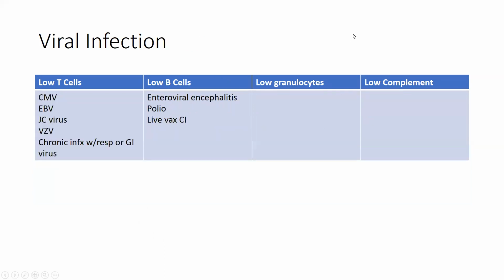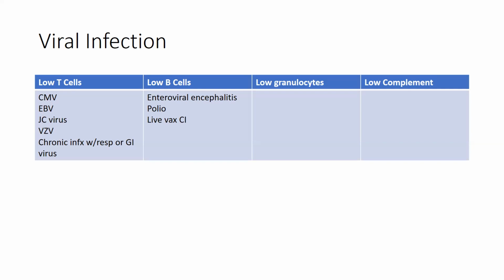Your viral infections: low T cells could cause a lot of issues with viruses. Epstein-Barr, varicella zoster, cytomegalovirus. Low B cells, more likely with polio. But in general, if you don't have adequate T cells, viruses could be potentially more infective.